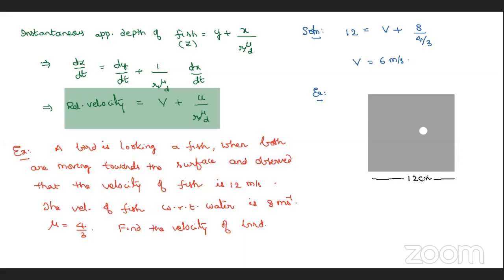Each side of the cube is 12 centimeters, and you are trying to see from the right side. When you see from the right side, the bubble appears at a distance of 3 centimeters.